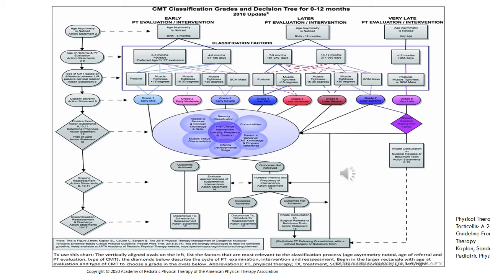Once the child's been classified and you've thoroughly examined and considered all of those other contextual variables that can play into prognosis, decisions can then be made regarding the intensity and the frequency and the duration of the intervention services to be provided. So although there isn't one specific recommendation based on a level of severity or a grade that's assigned, we do know that there are tendencies to require therapy for a longer duration the higher you are on the classification scale.